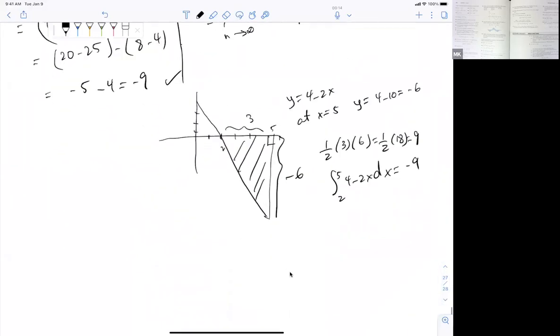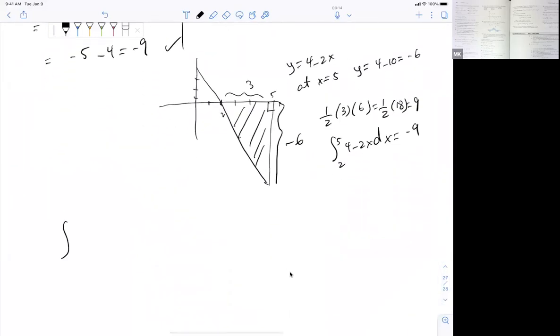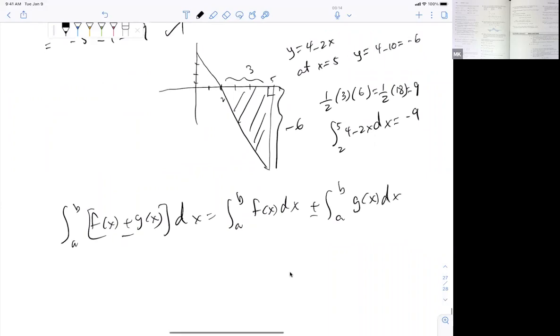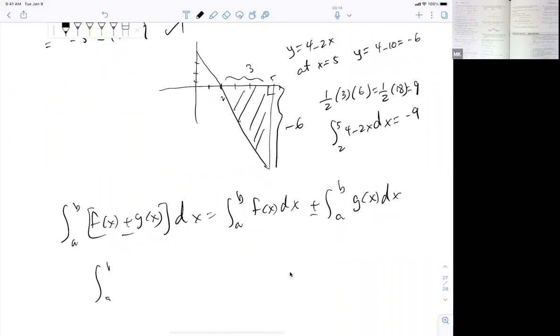In fact, let me remind you guys of that. The integral of f(x) plus g(x) is the integral of f(x) plus the integral of g(x). So we already talked about this. And the difference would be minus. And if I have the integral from a to b of k f(x), k can come out.